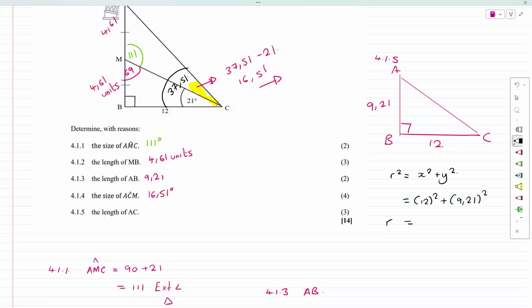I think it's 228. Please use brackets, guys. I can see there's a lot of mistakes going to happen if we don't use brackets. And we're going to root that answer, and we should get 15.13 units. Now, you do not have to do that as well. You could have used 2D trig if you wanted to. But for now, I don't think you need to.